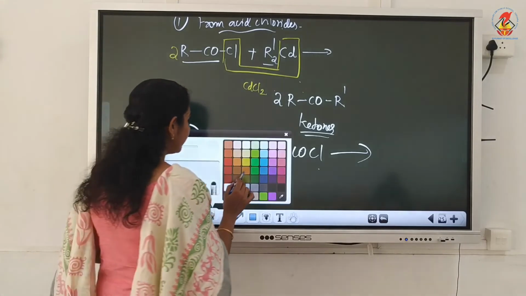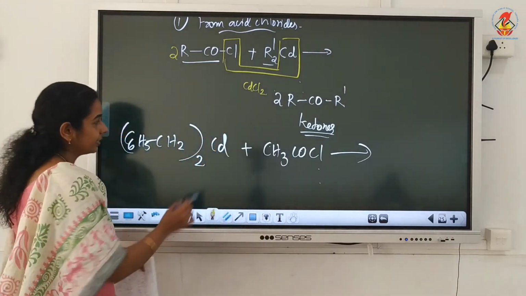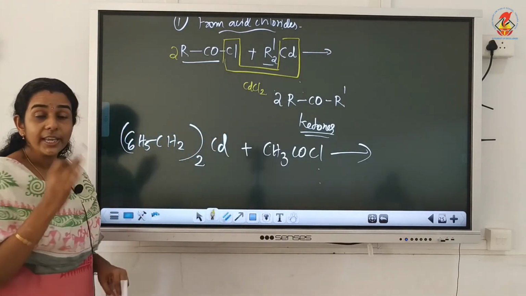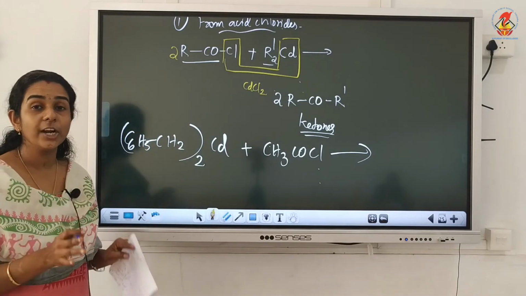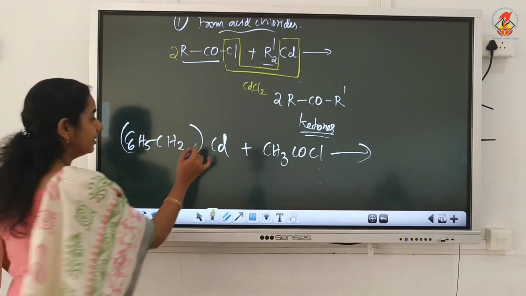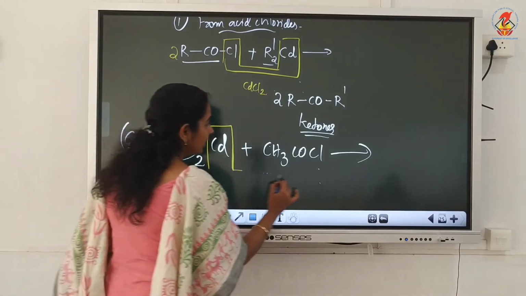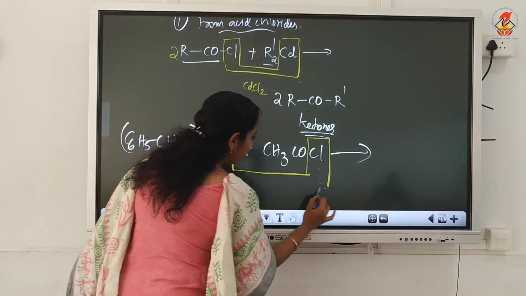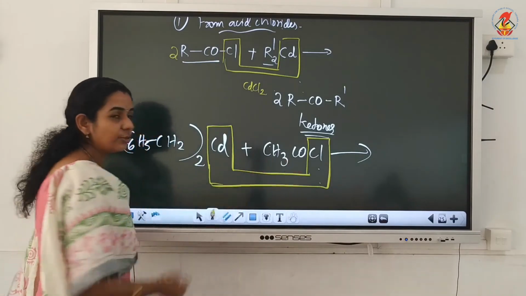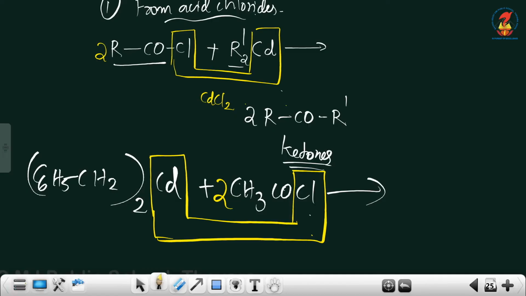So how can we write the product from this? The only reaction where we are using a cadmium compound is here. So cadmium chloride will be eliminated from here. In order to eliminate cadmium chloride, how many molecules of CH3COCl are required? Two. How to write the product?